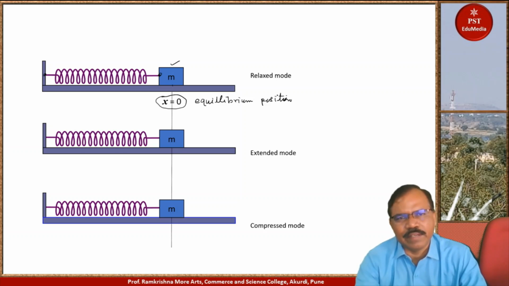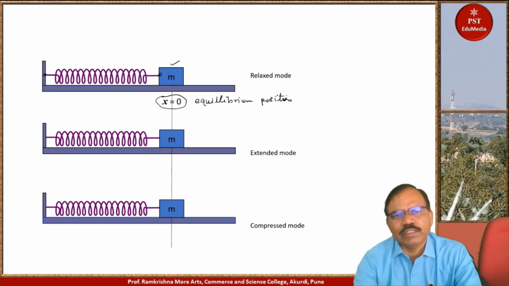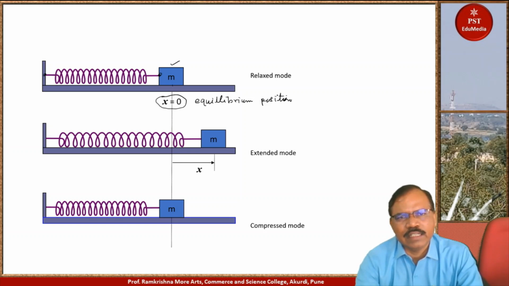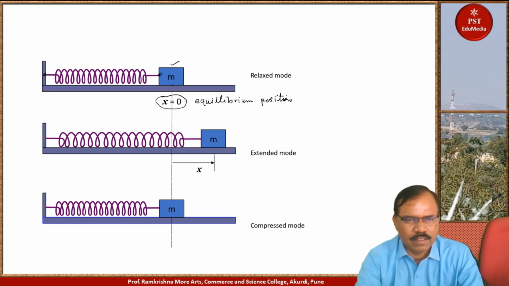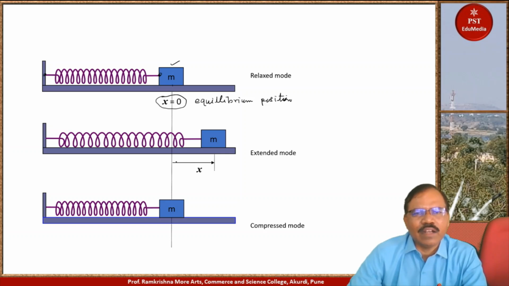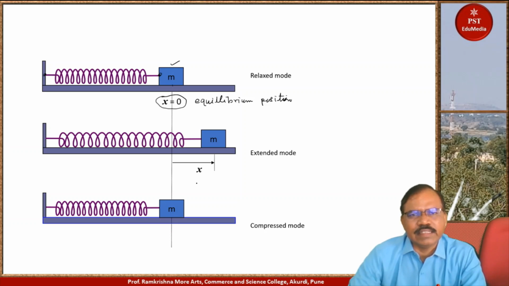The same spring is taken here, and suppose we extend it, we move the mass towards the positive side. So what happens here? This spring is extended along this direction. Here x is the extension, and it is along this direction, so this is a vector quantity.